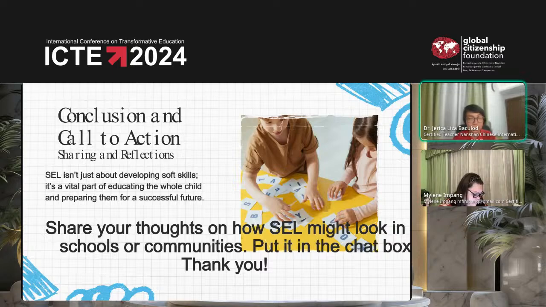So we encourage each one of you, whether you're an educator, policymaker, or administrator, to support the integration of SEL in your schools. By investing in SEL, we're shaping a generation of resilient, empathetic, and emotionally intelligent students who are better prepared to navigate life's challenges.